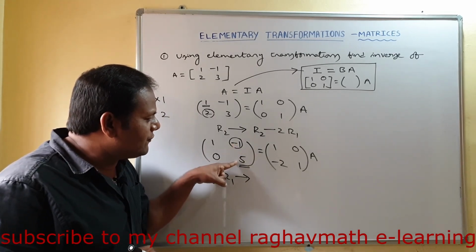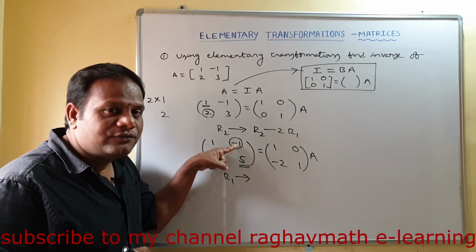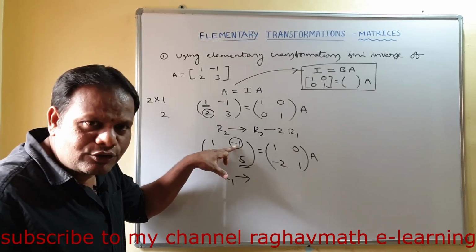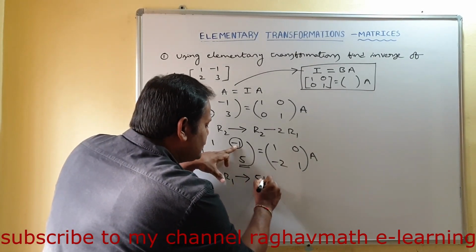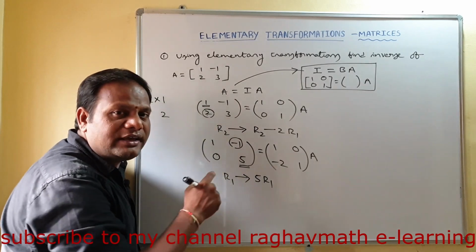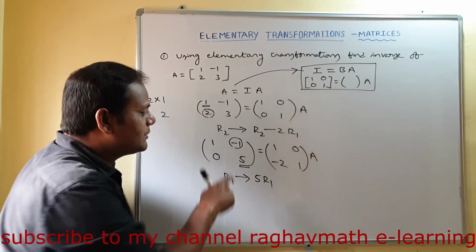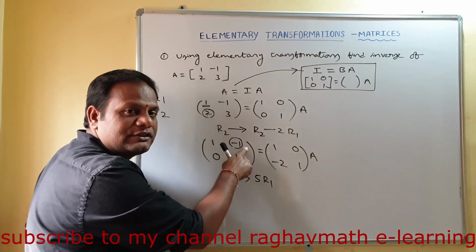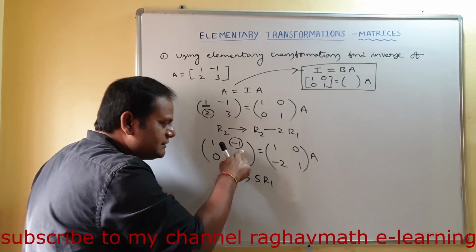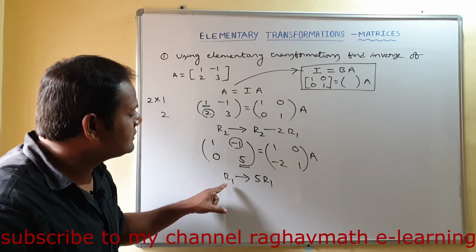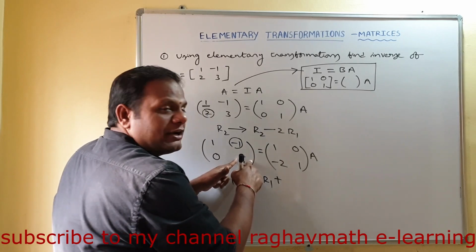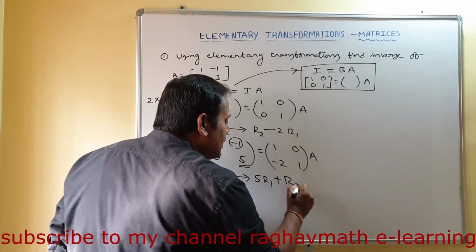So you multiply this number with 5, and it is the first row, so you multiply the first row with 5 and add to the second row. Why do we add to the second row? Already minus is there. If I multiply with 5, I get minus 5, but I want 0. So minus 5 plus this 5. So the operation is R1 changes to 5R1 plus this element. This element means which row? Second row, so R2. That's all.